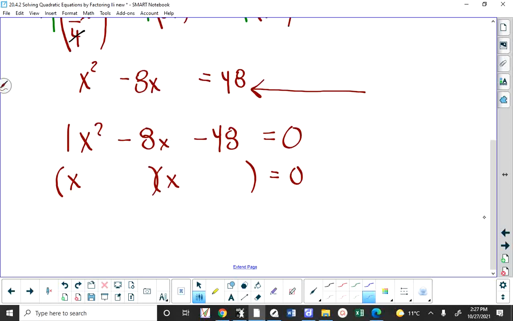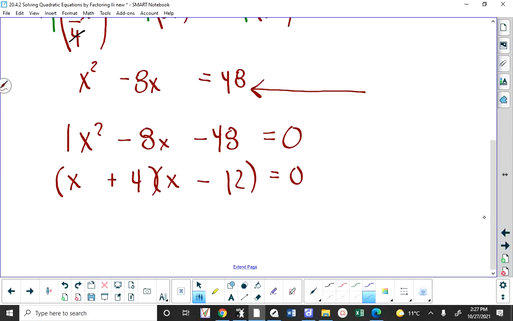Now, I suppose you could do a trial and error thing. You could say, well, 48 is 8 and 6 in terms of a product. But if you tried to FOIL this out, you would not be able to get negative 8x for the middle term. So the two numbers end up being 12 and 4, and the 12 has to be negative because your outer will be 12x, your inner will be 4x.